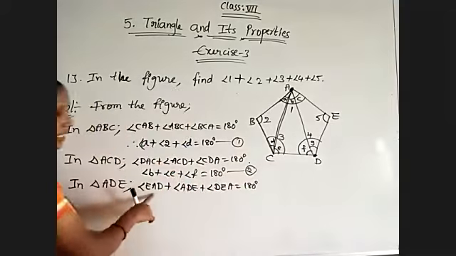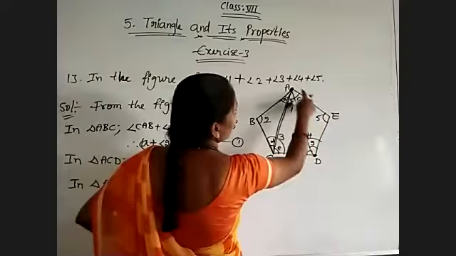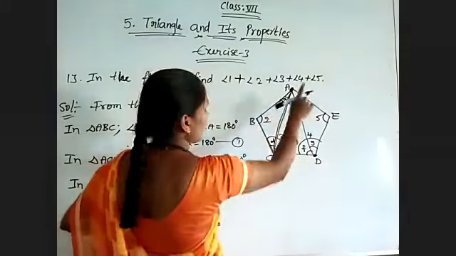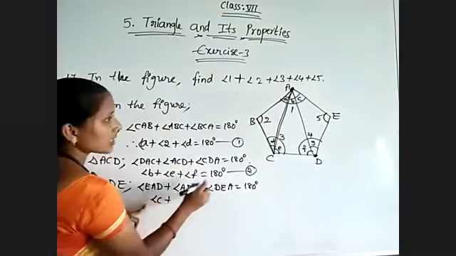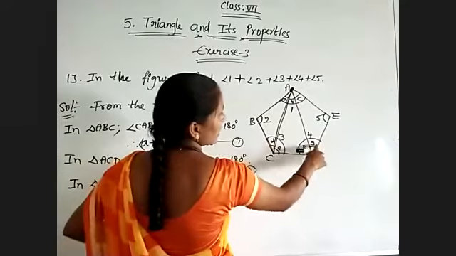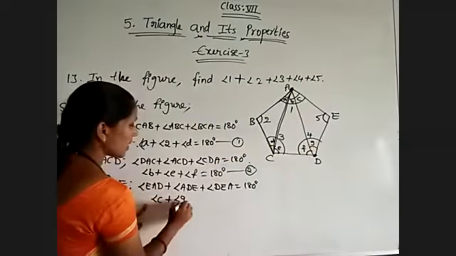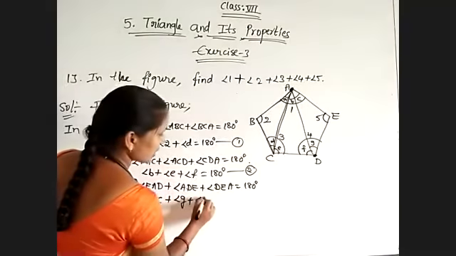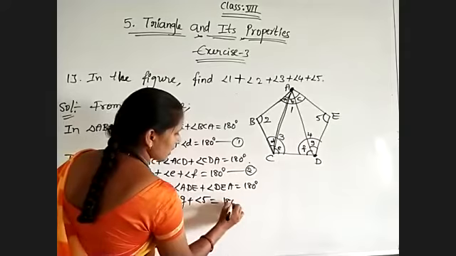Now from the figure, what are these values? EAD is C, angle C plus, and ADE is G, angle G plus angle 5 is equal to 180 degrees.